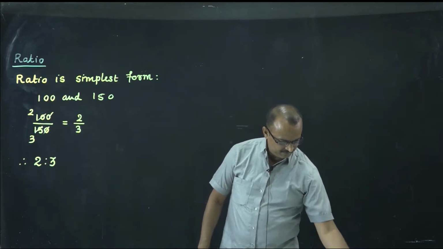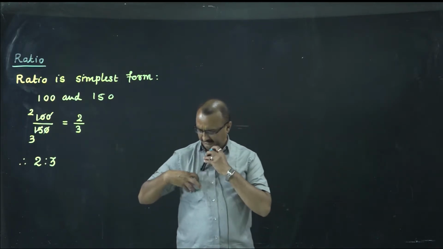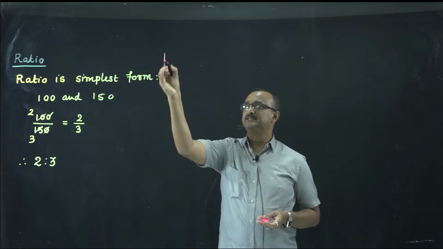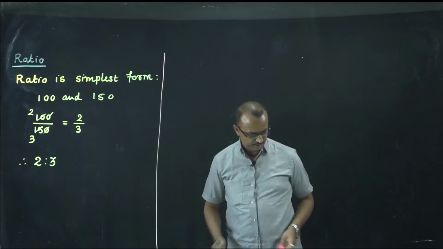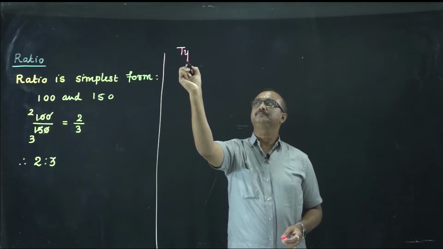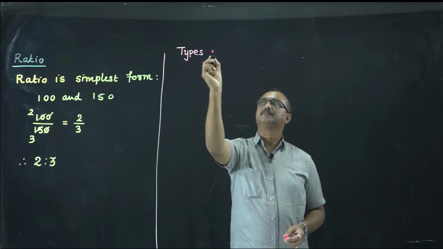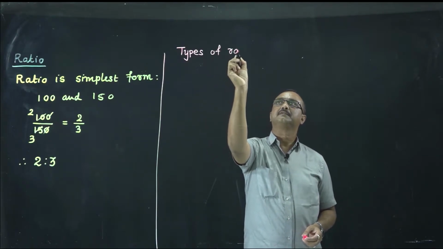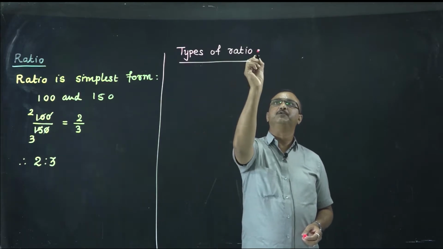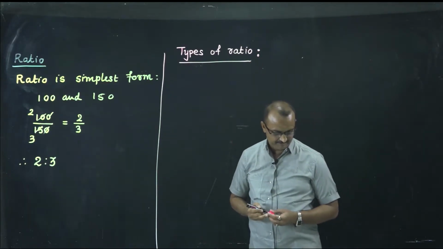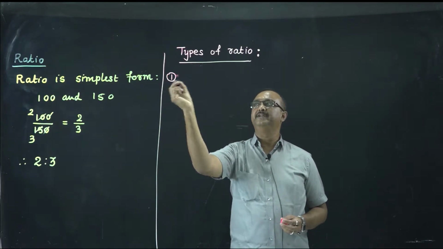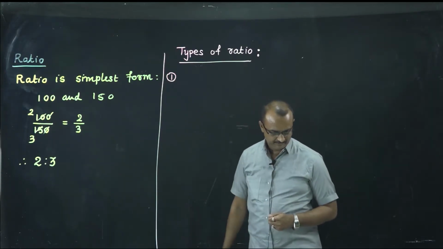Okay, so it is a very easy chapter, and now we are going to discuss properties of ratio or types of ratio. See, it is a very important point in this chapter. First, we discuss duplicate ratio.